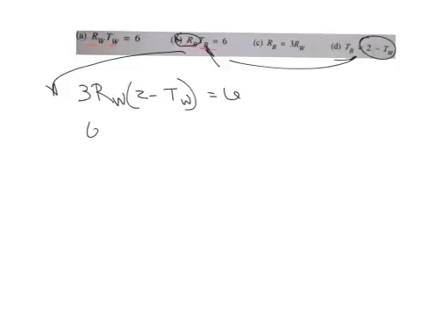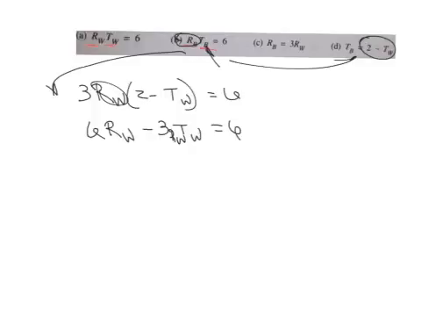Then I distribute. Okay, so I get that, except I'm getting a little ahead of myself. Actually, there is this RW in there too. I forgot to put that in there. Okay, so now I've got it right.